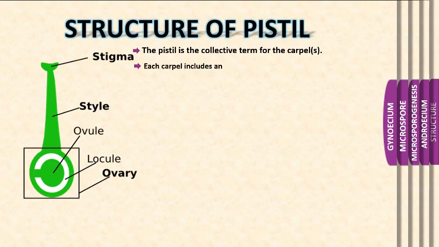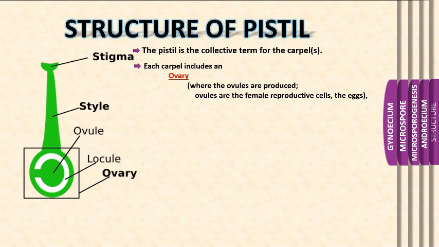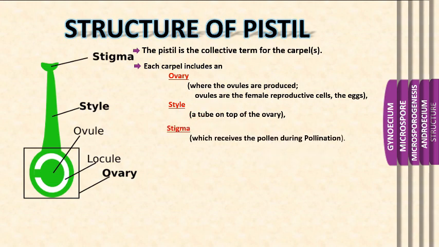It is the inflated basal part. It contains the ovule that will contain the egg cell, the female reproductive cell. The second is the style. It is a tube-like structure just above the ovary. It helps in pollen germination. The third is the stigma, which receives pollen during pollination. Stigma is sticky in nature.